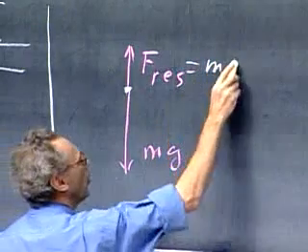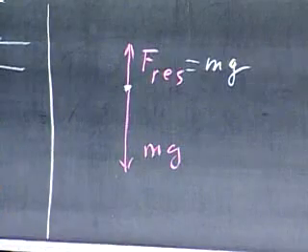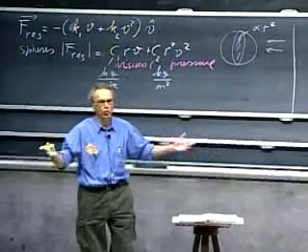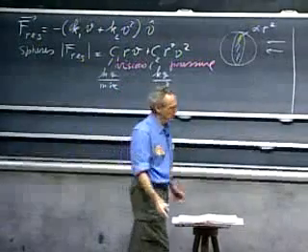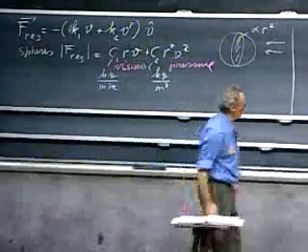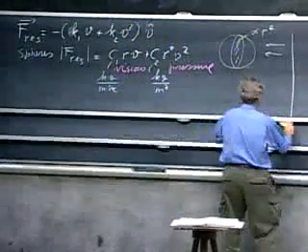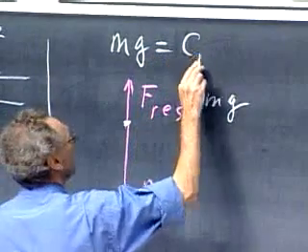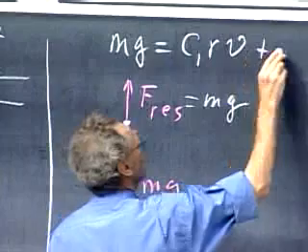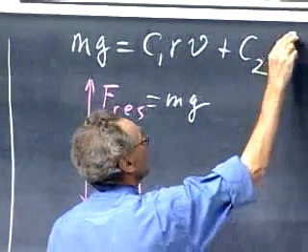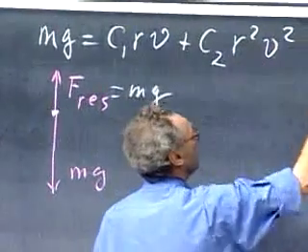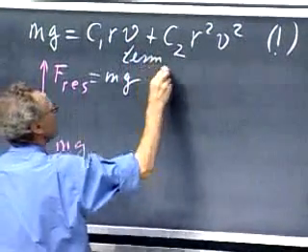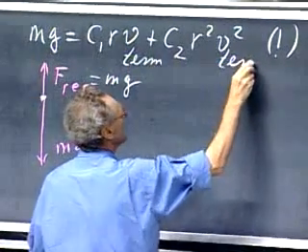And when the two are equal, then there is no longer acceleration, so the object has a constant speed. We call that the terminal velocity. And that will be the case when mg equals C1 r v plus C2 r squared v squared. And then we have here the terminal velocity.